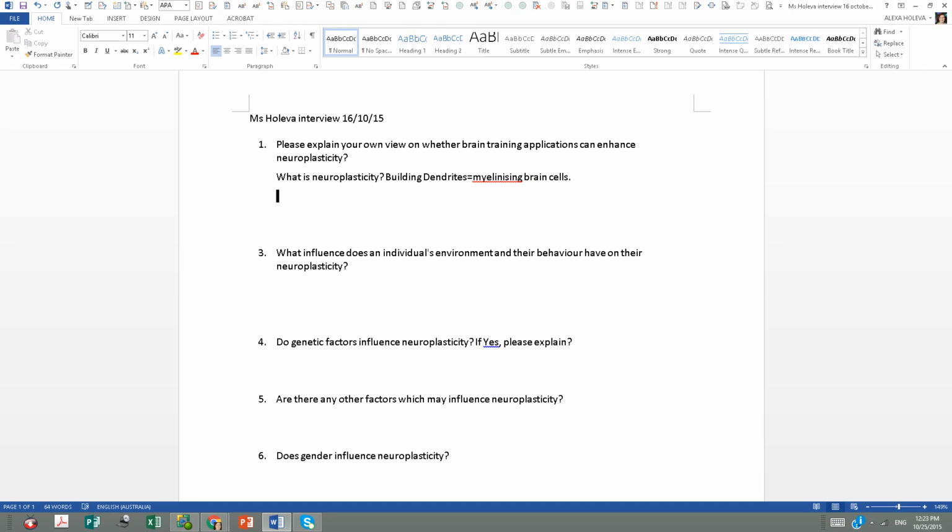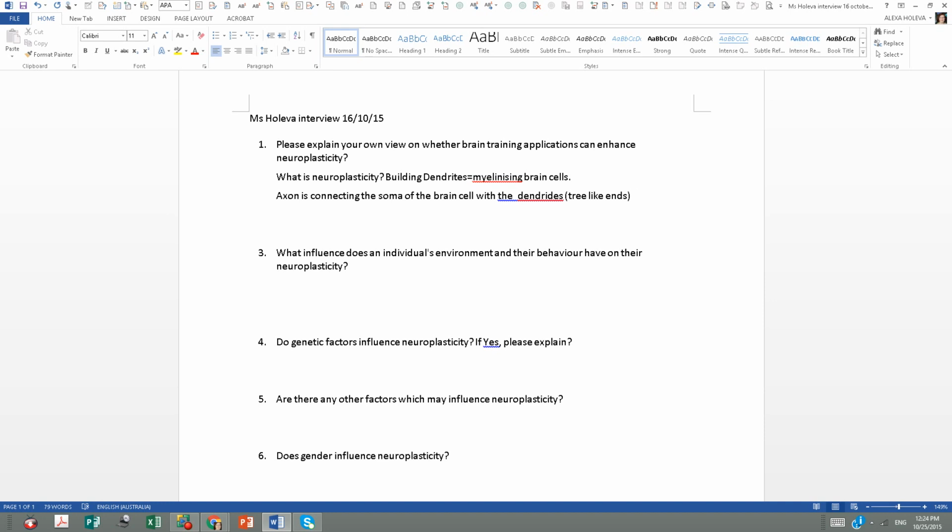So the action is connecting the soma of the brain cell with the dendrites at the end. Dendrites are this tree-like ending of the brain cell. These dendrites are connecting each brain cell with the other.